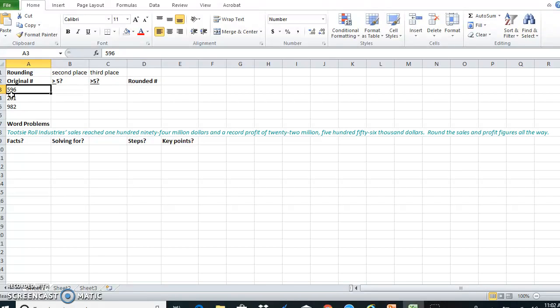Is 9 more than 5? Yes, it is. And we don't have to go any farther because we've already been able to change the 5 to the 6, and going any farther is not going to give us a different number. So rounded all the way is 600.